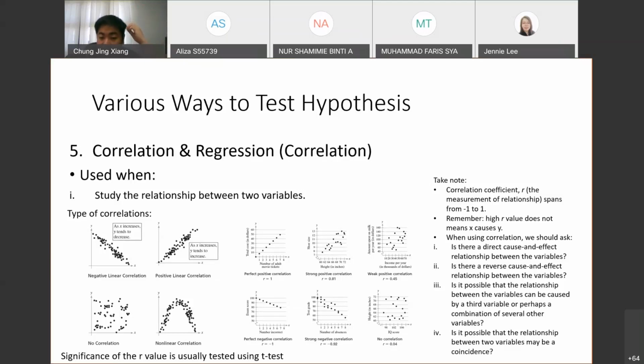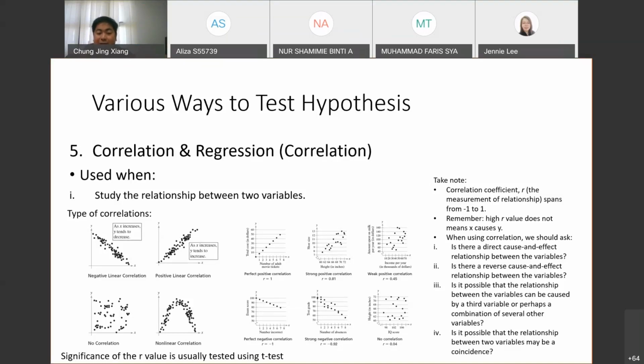But you have to remember, aside from monsoon causing the change in temperature, something else may be causing the change in temperature as well. So there is a third variable that might affect our result. You have to ask, is there any third variable that might affect the relationship?